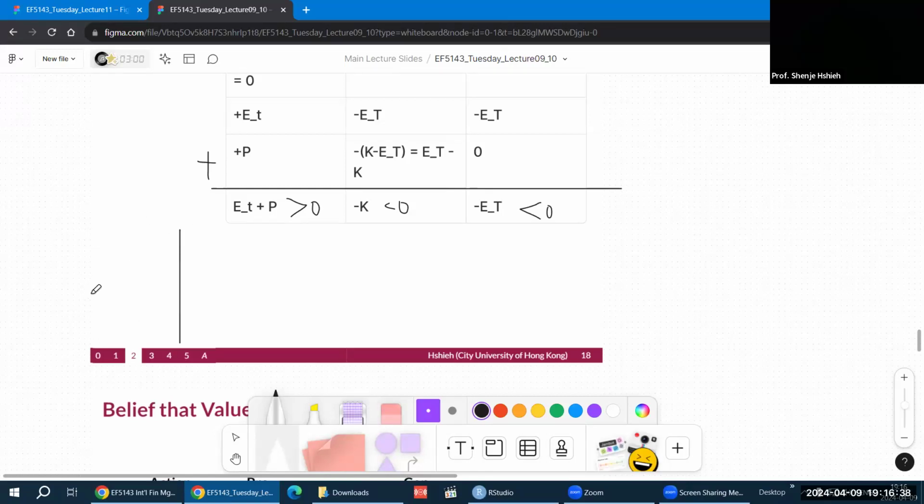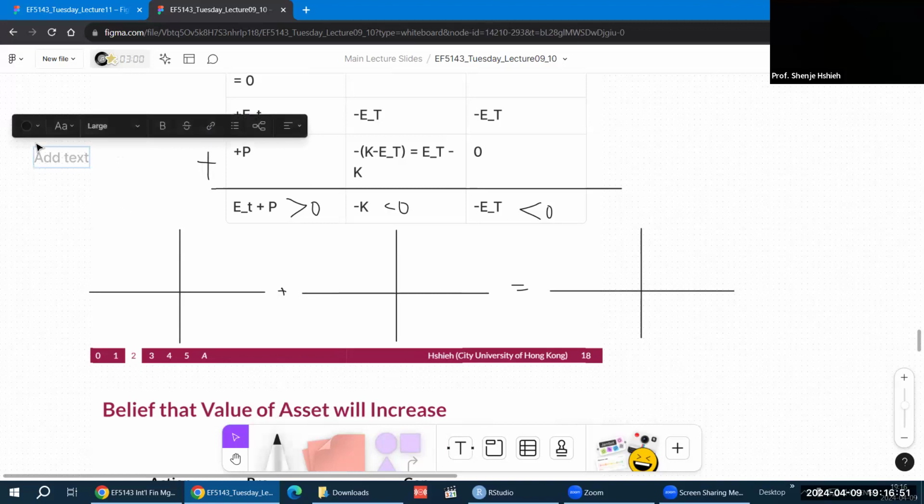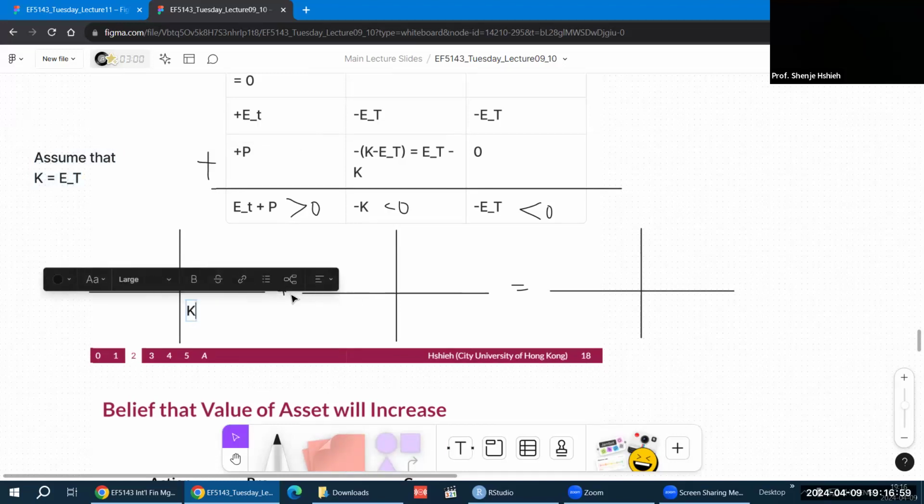So again, let's break it down into three parts: the unhedged position, the hedging portfolio, and then the final hedged portfolio. I'm going to write this assumption: assume that K equals E_T in the graphs, which means that the origin is indicating that.